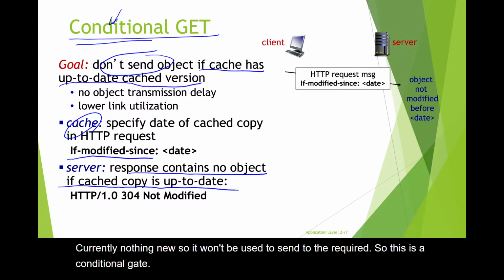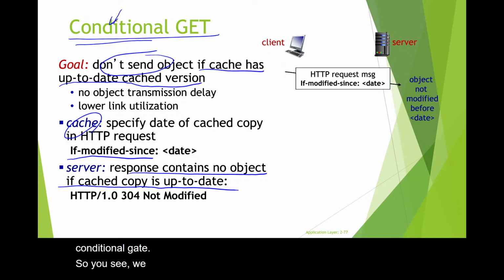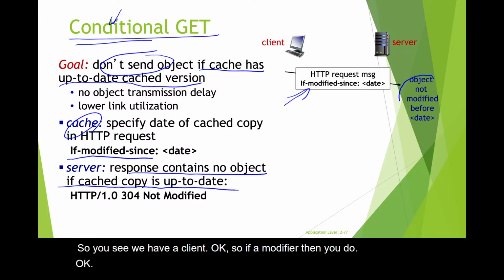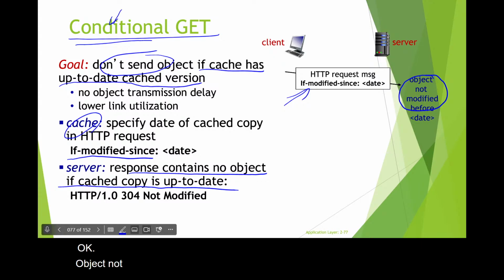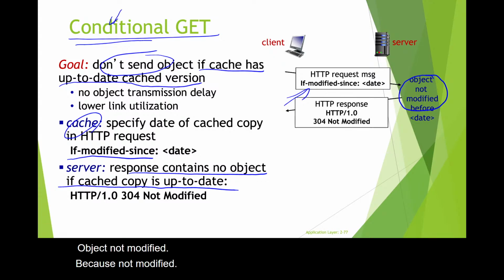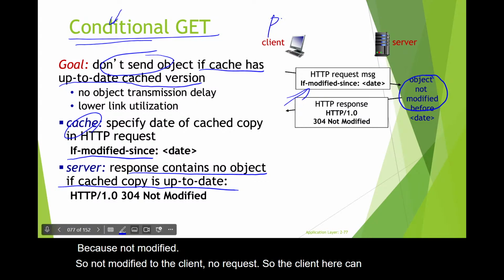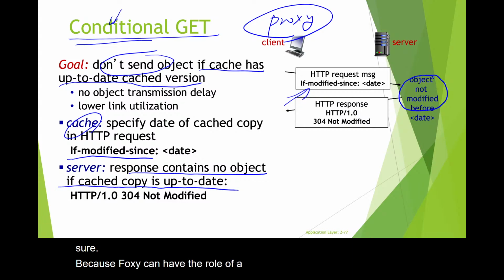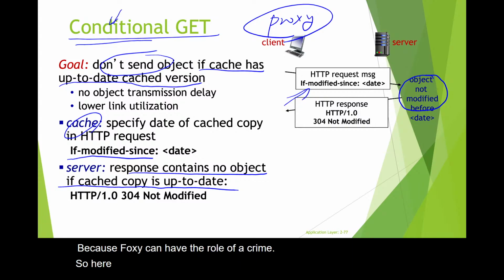So you see, we have a client. If modified, then you do. Object not modified: because it is not modified, there is no new data sent to the client, no request. The client here can be a proxy for sure, because a proxy can have the role of a client. Here it says, I have the copy.